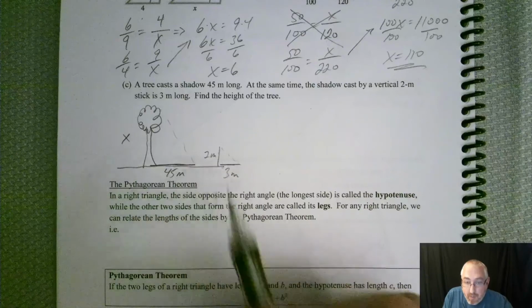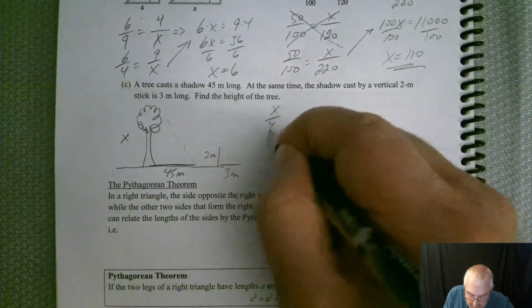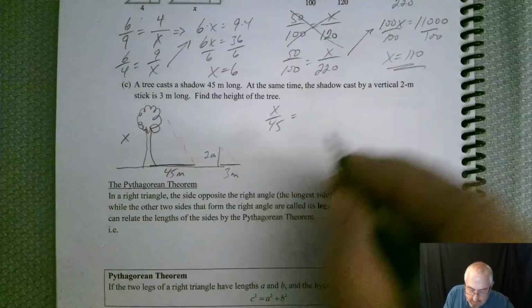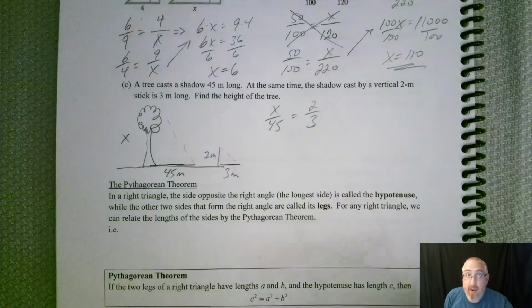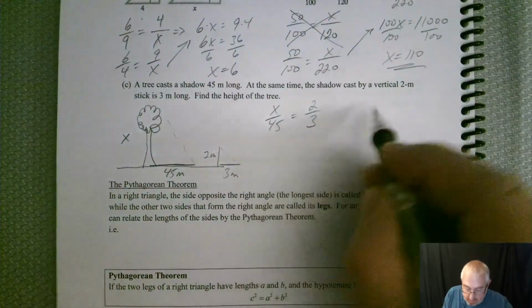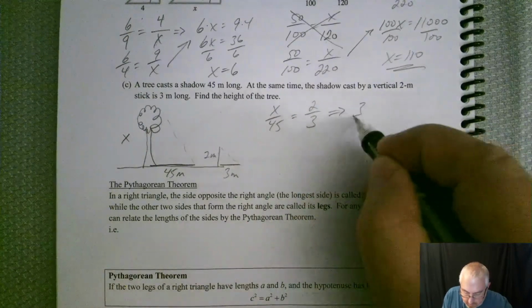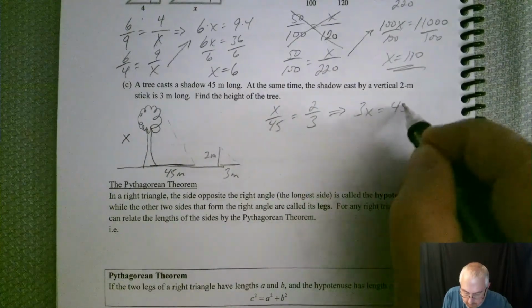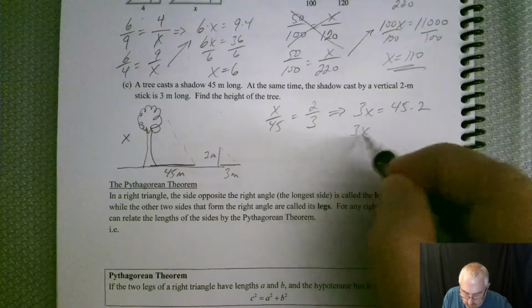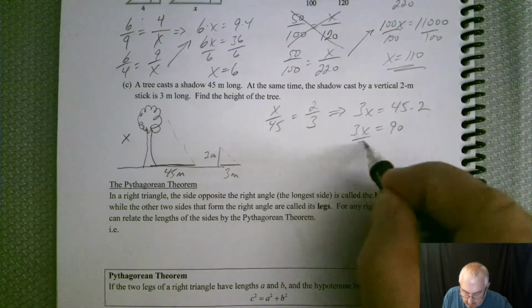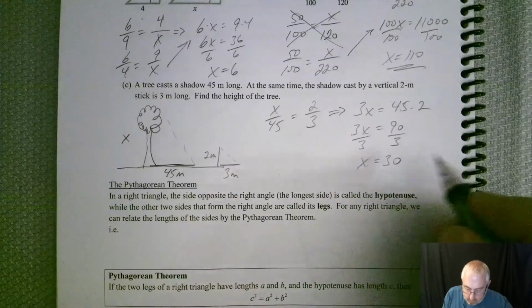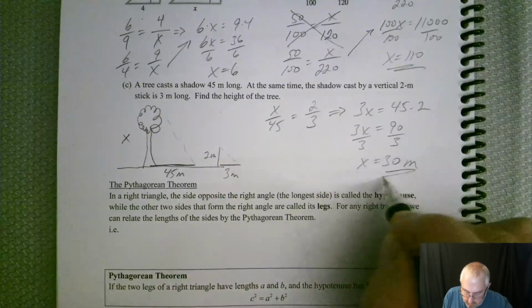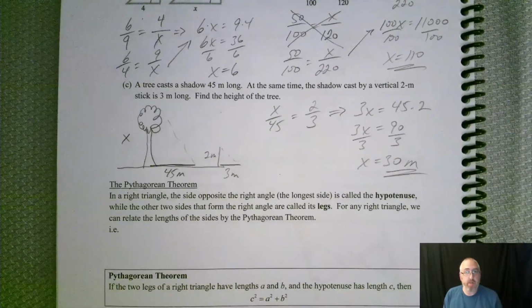So x over 45 and 2 over 3. It's that quick. So cross multiply, and then divide. So the height of your tree should be, don't forget your units, 30 meters.